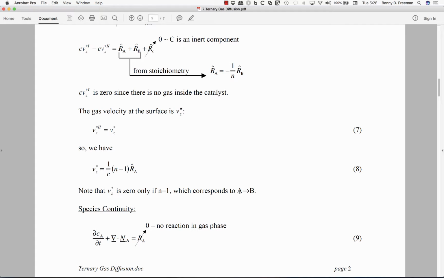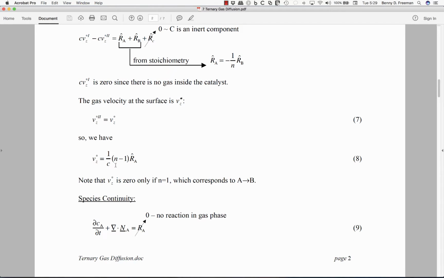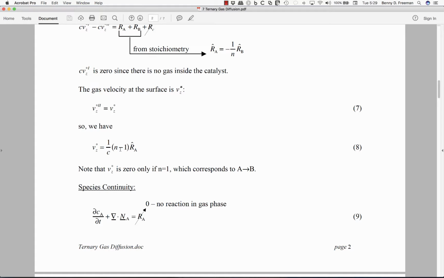In this case, which is typically referred to as equimolar counterdiffusion, the net velocity of all components traveling in the gas phase is 0, and so Vz star is equal to 0. If that stoichiometric coefficient is not equal to 1, then the molar average velocity in the gas phase can be either greater than or less than 0, depending upon the value of the stoichiometric coefficient.